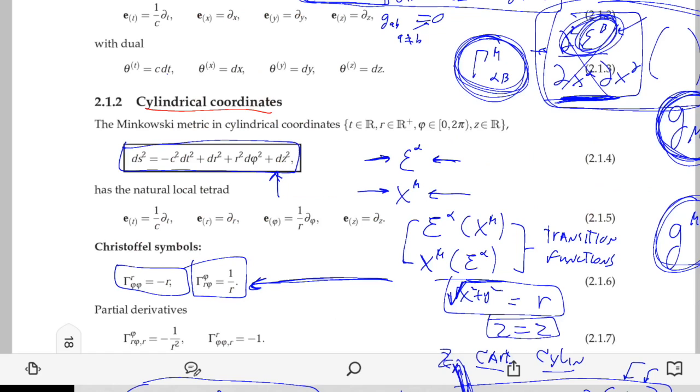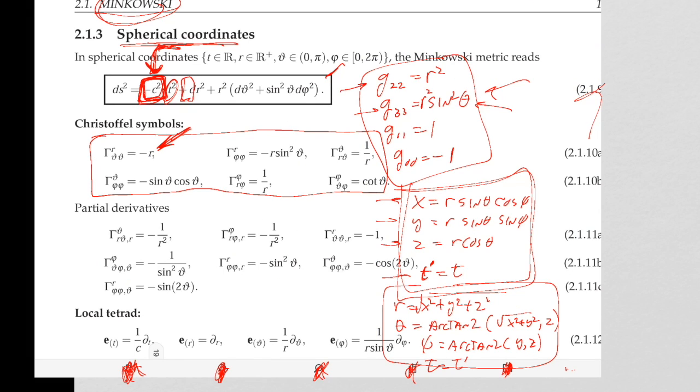Interestingly, that's one of the things they like to do in the catalog. They not only calculate the Christoffel symbols, but they know it's pretty common for you to need the derivatives. So they provide the derivatives of the Christoffel symbols also, just in case you need them. Because I guess it's not very hard.